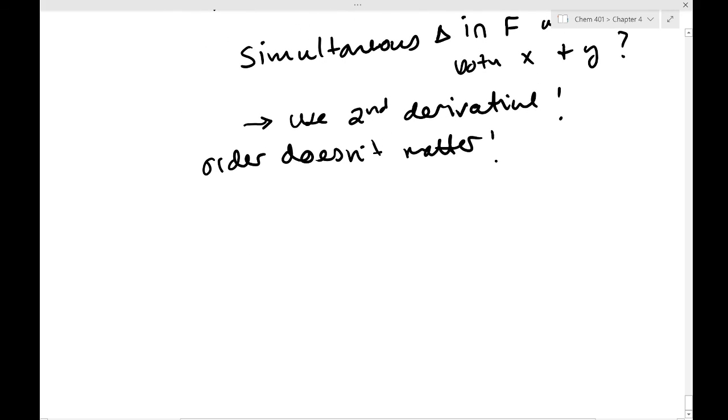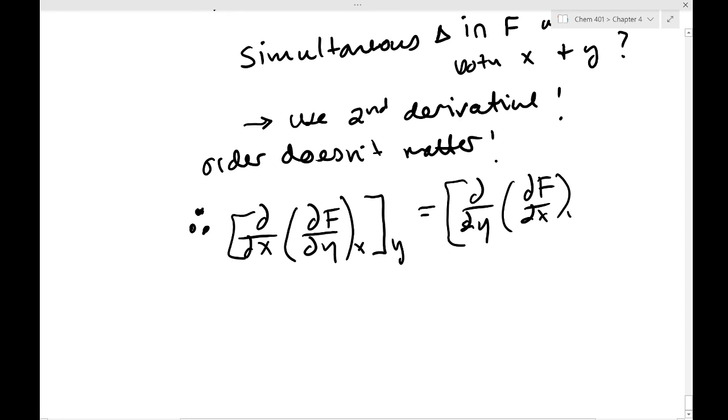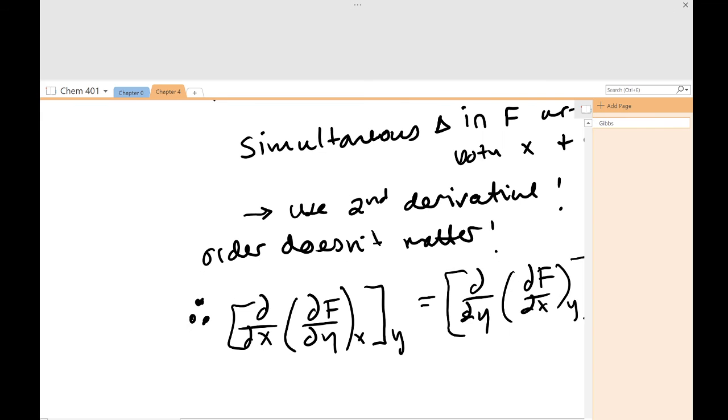And thus we can define the change with respect to x of the change in f with respect to y with x constant, with y constant, is equal to the change with respect to y of the change in f with respect to x with y constant, with x constant. Let's break this down a little bit.